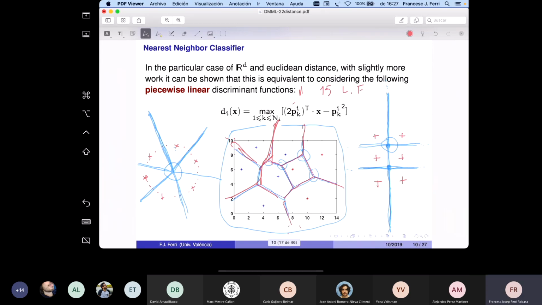But for each linear function, you need to specify that this linear function goes from this point to this point only.